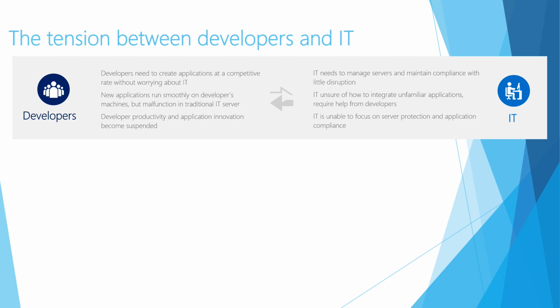IT has all these policies they have to follow, all these procedures that seem archaic and bureaucratic to the developer, but they're required to run a production service, something that the developer often is not required to do. And I have a feeling that a lot of the folks in this room are in the middle of that arrow. So you guys kind of make the bridge between devs and IT.